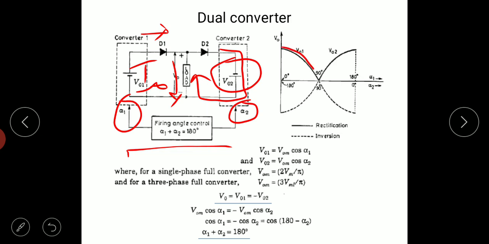This was our waveform for average voltage in case of full control converter. The average voltage was 2 Vm by pi into cos alpha, or 3 VML by pi into cos alpha.